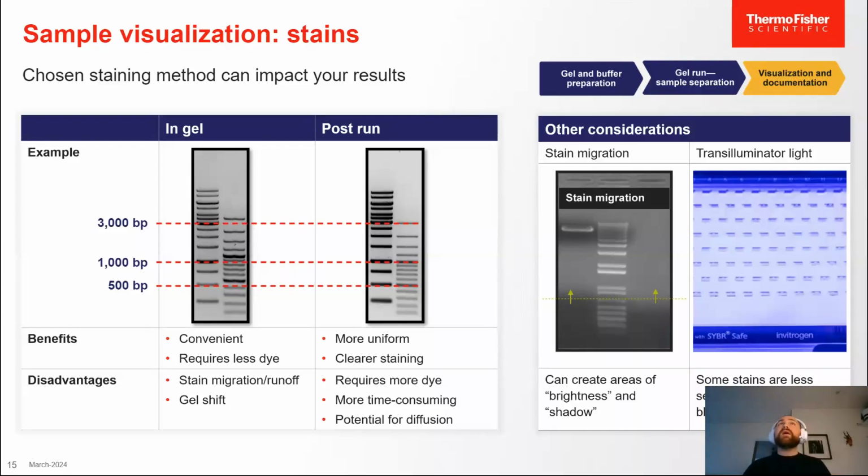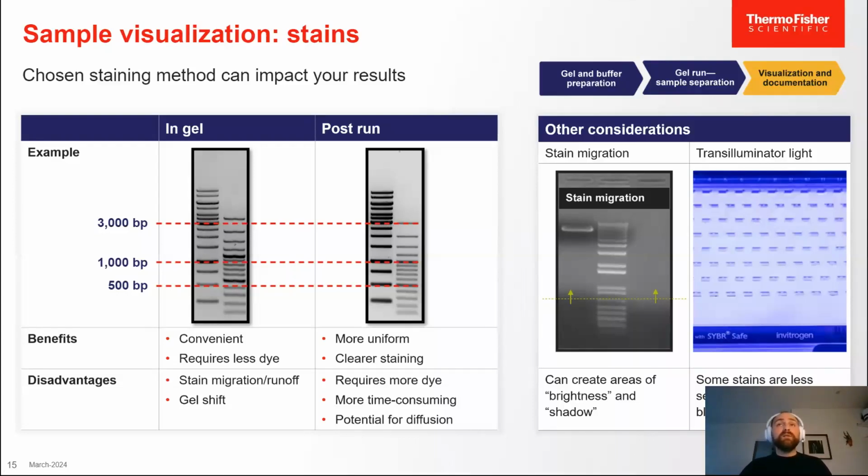That means that you will have some areas of your gel that are technically called a shadow. In those areas, the stain concentration is much lower. So your fragments will be much dimmer than fragments at the top of your gel. This is a very important thing to consider regarding uniformity.